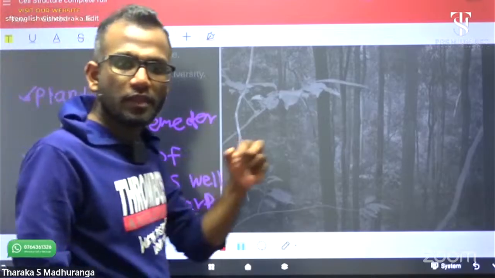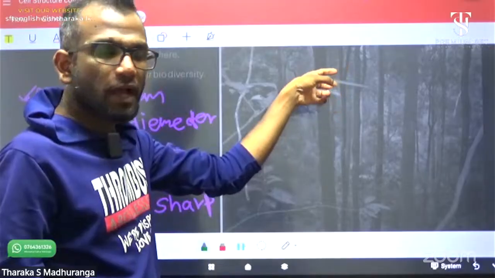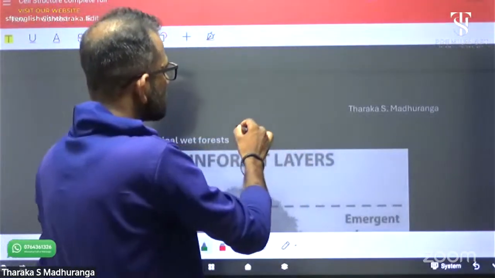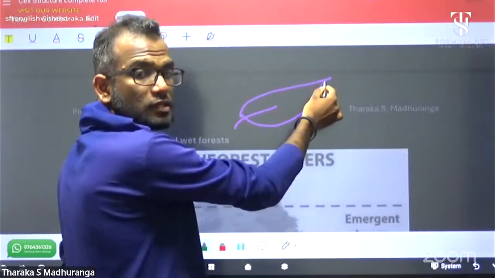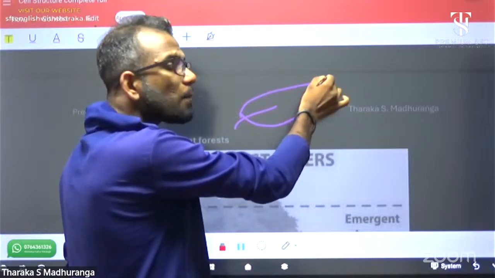Again, the edge. See, this is the edge of the plant leaf. The edge of the plant leaf is very sharp. Sharp means like this. This is the shape of the plant leaf. This is the edge. This edge is a sharp end.